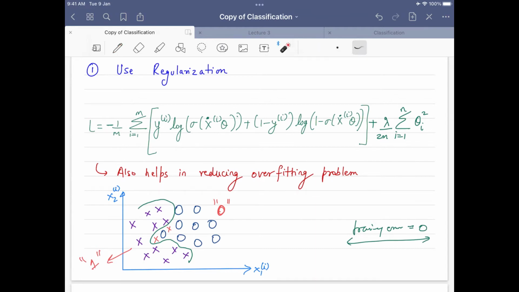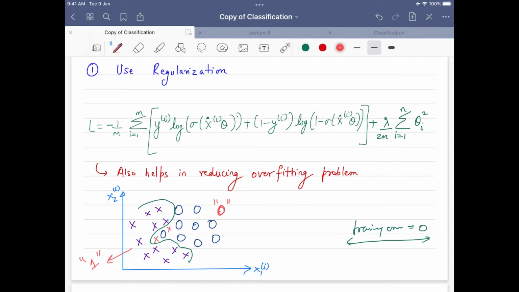Though we have these x's in the vicinity of the original distribution of x's, because the boundary is so complex these x's will now be classified as 0. You can see clearly that all the things on this side of the boundary are classified as 0, and all the things on the left side of this boundary are classified as 1. So this is the problem because of which overfitting occurs.